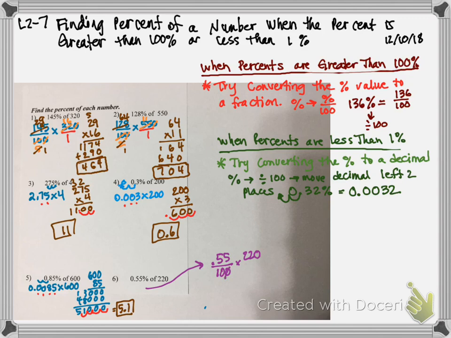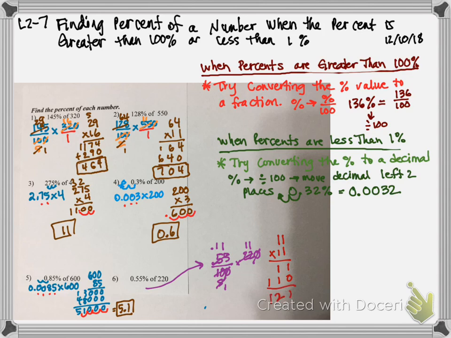So I can do some simplifying. 0 can cancel with 0. Also 2 can go in there. So 2 goes into 10 5 times and into 22 11 times. And then 5 can go into 55. Now remember, it's not really 55, it's 0.55. So the point is still there, and I get 1, 1. So what I end up with is multiplying 11 times itself, which we should know from our multiplication facts is 121, but here's just your proof.